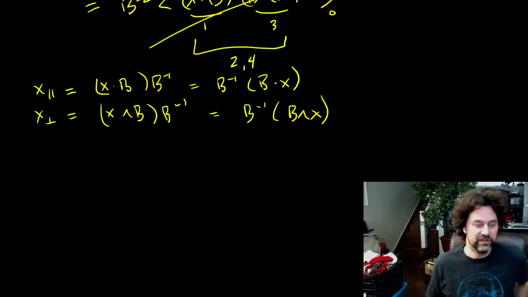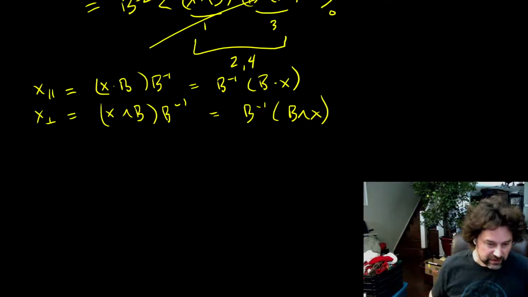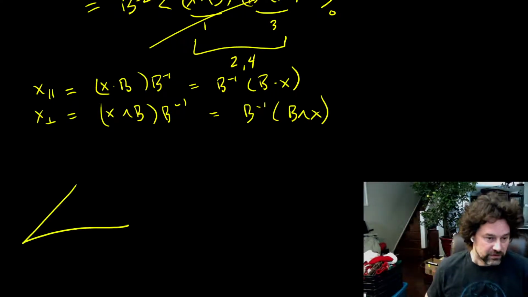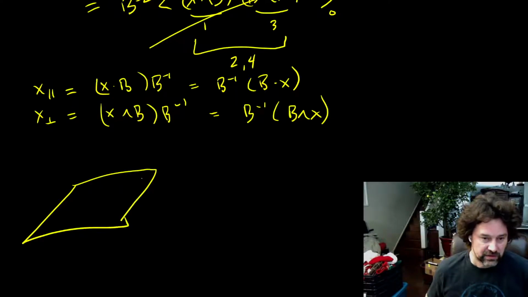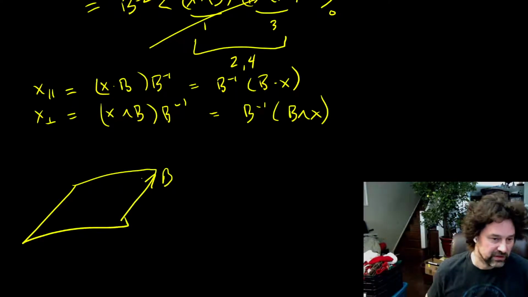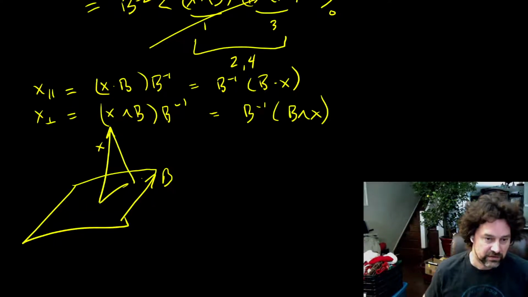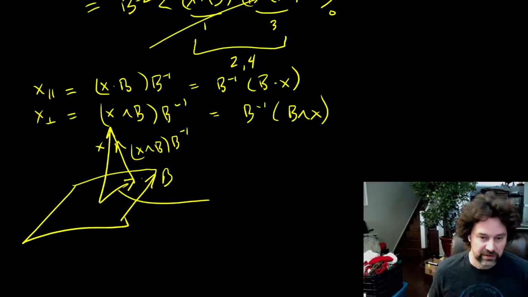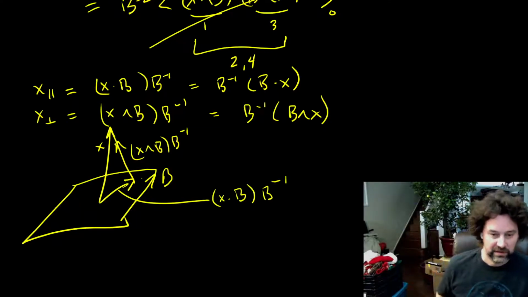So we have two different ways of writing this thing. So if this is b and that is x, we have here two components. This first one is x wedge b inverse, and this one is x dot b inverse.